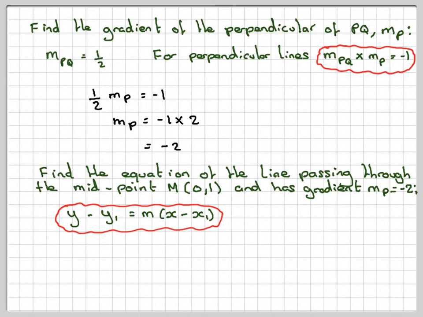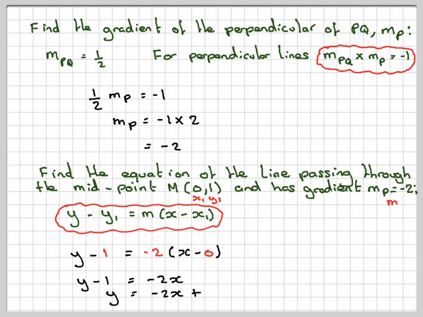Underneath this will be x1, y1, and this will be the gradient m. Substituting in, we get y minus 1 is equal to -2 times x minus 0. So that gives me y minus 1 is equal to -2x, and adding 1 to both sides, I get y is equal to -2x plus 1.